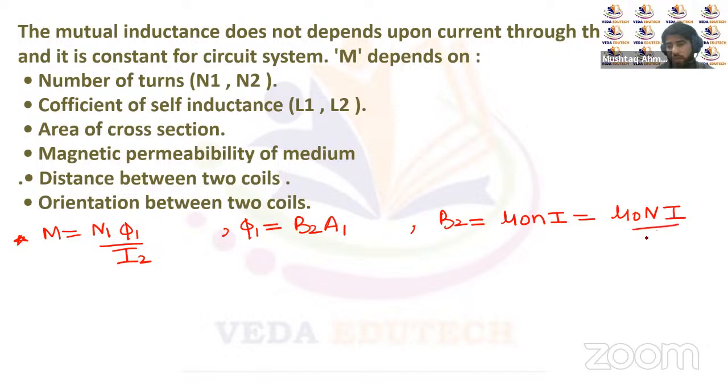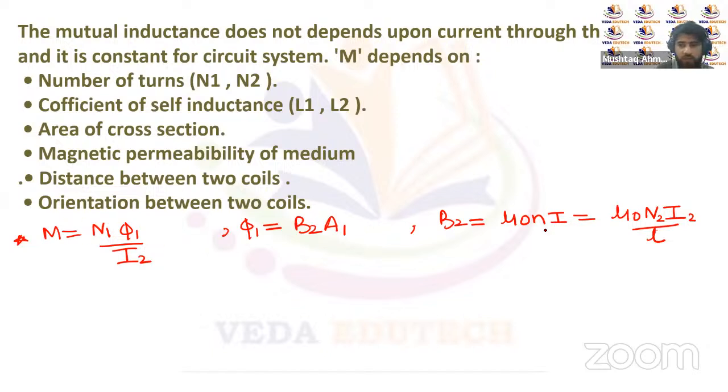So let's suppose N2 is the total number of turns in the secondary coil. So it will be mu naught N2 I upon L, and the current through the secondary coil is I2.